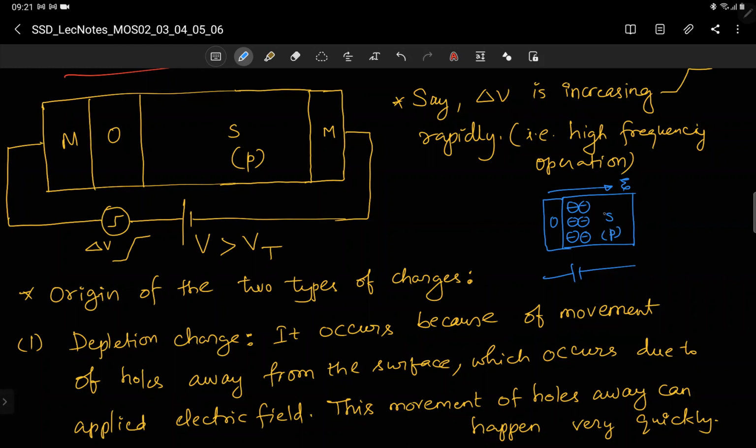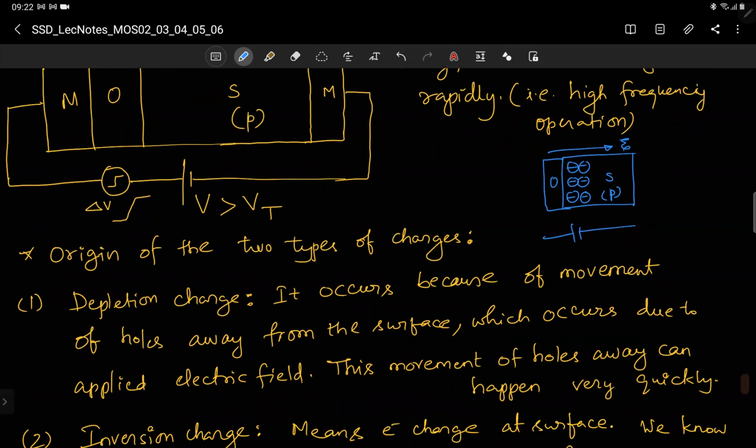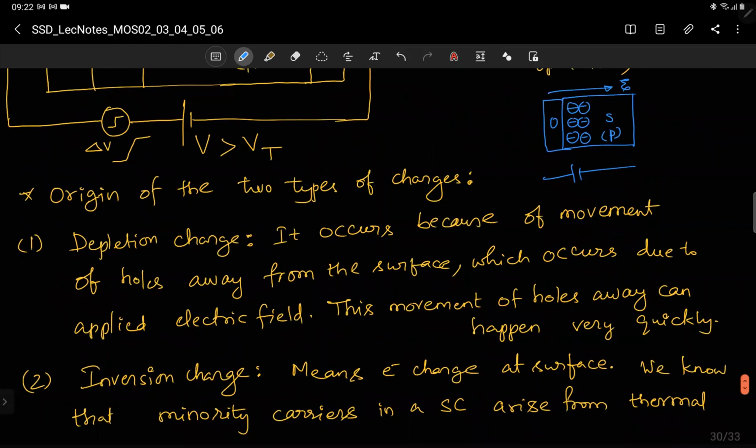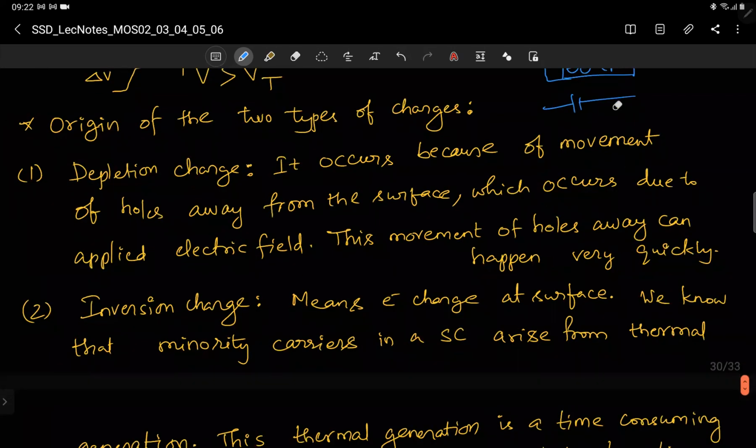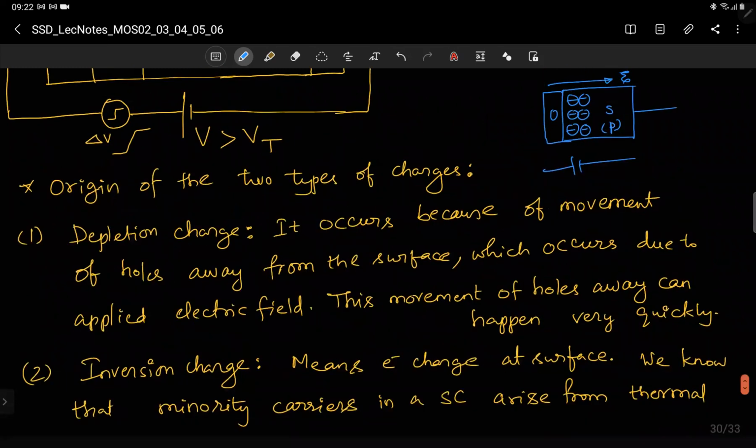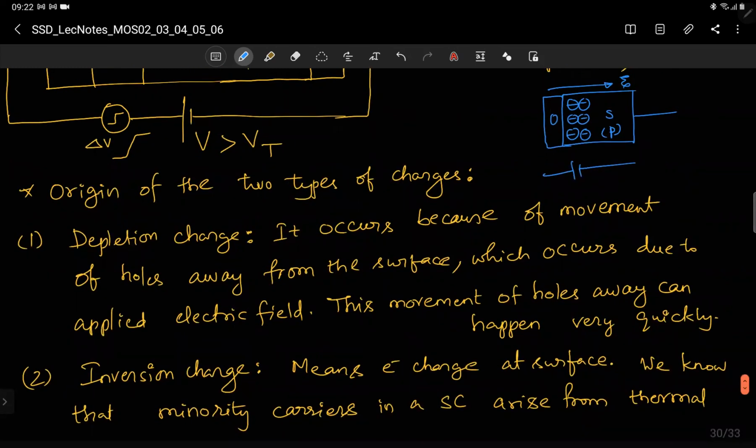Whereas the minority carriers cannot be supplied, because P cannot supply minority carriers from the contact. If you connect a battery, electrons cannot be supplied from the battery because the P will block any incoming electrons.